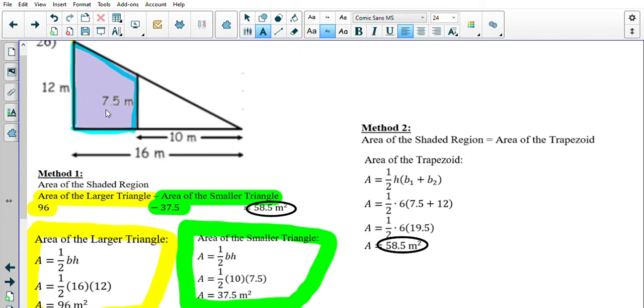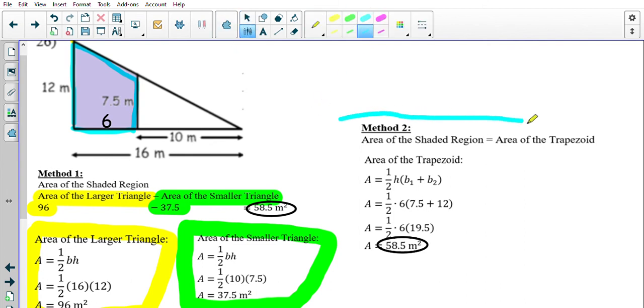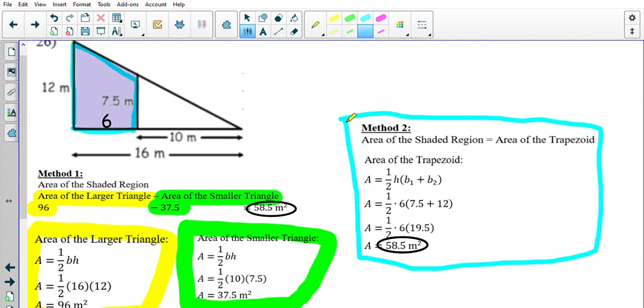So this height right here would be 6. So you do half times 6, and then in parentheses, parallel sides 7.5 plus 12, gets you half times 6 times 19.5, also gets you 58.5 meters squared. You notice how this works a little bit easier. You could certainly treat it that way.